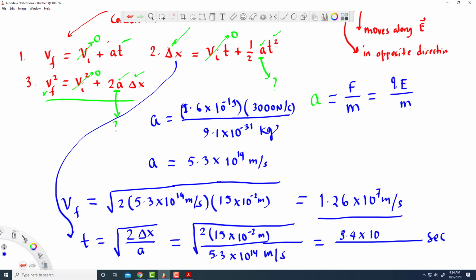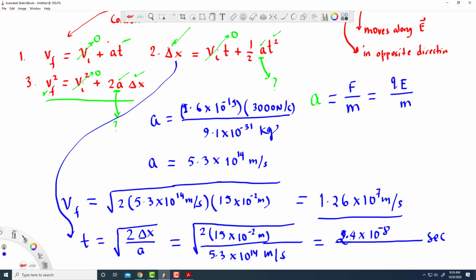Okay, 2.4 times 10 to negative 8. Okay, it's a small number, so it takes really short time to reach that distance. Electrons travel really fast.